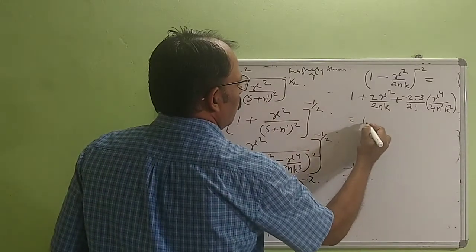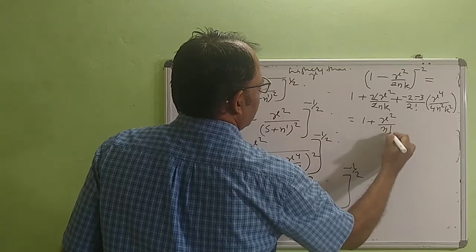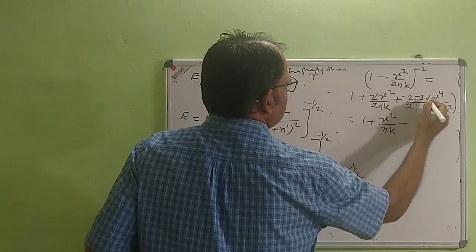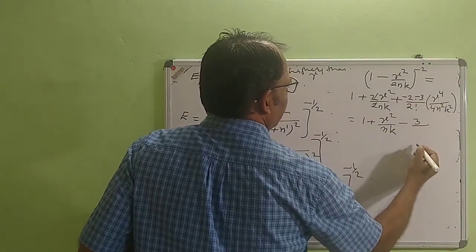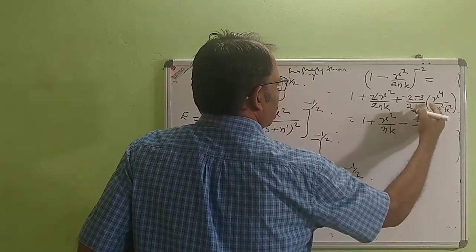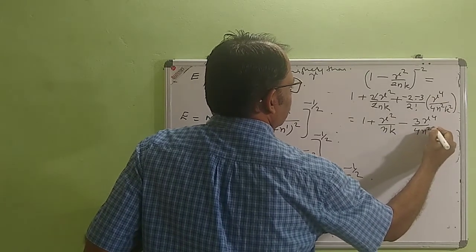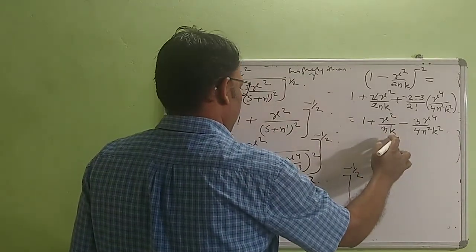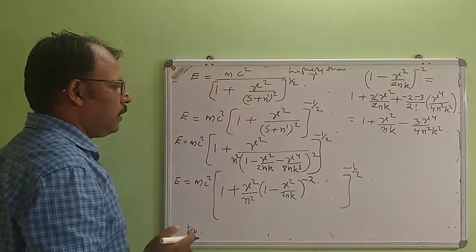So this will be 1 plus 2 will get cancelled, gamma square by nk, gamma square by nk, minus 6 by 2 will get cancelled, minus 3 by 3 gamma raised to 4 by 4 n square k square. 1 plus gamma square by nk minus 3 gamma raised to 4 by 4 n square k square.